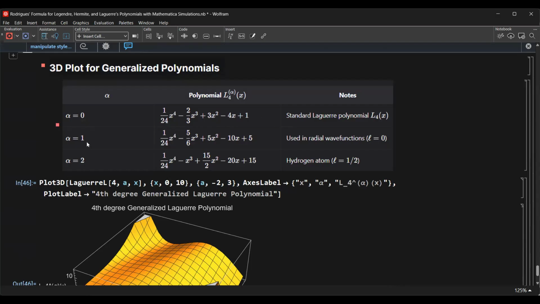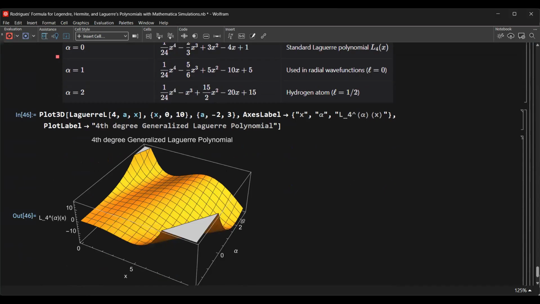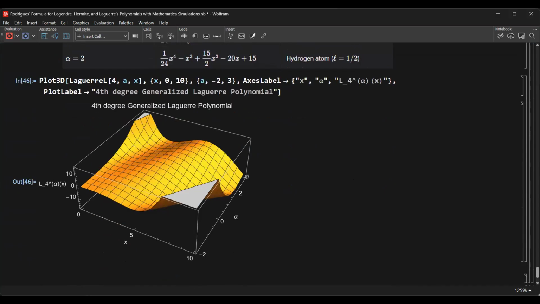But the parameter here is varied. If the parameter is equal to 2, we have the same degree, 4. So in this 3D plot, the values of the parameter are from -2 to +3. The value of x here is from 0 to 10.